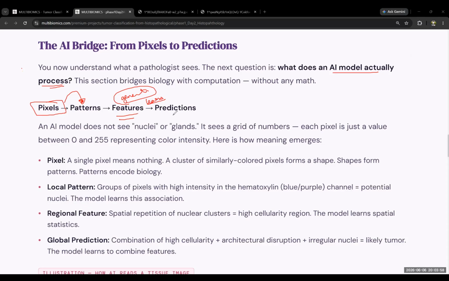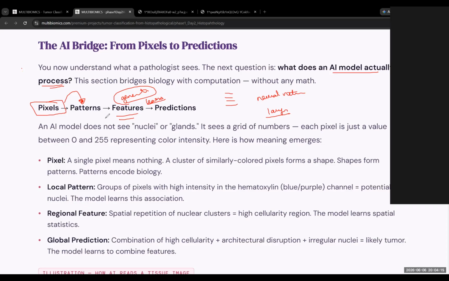I'll tell you about these later on. Neural networks, I told you, work in layers. So layer by layer, one thing at a time, they will learn. When they have learned everything layer by layer, then they will go for predictions.